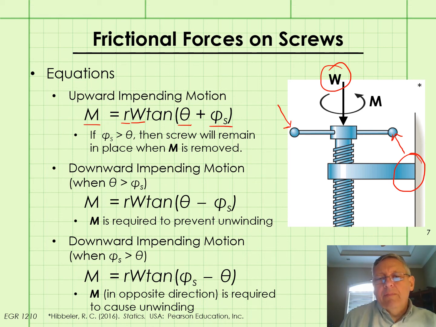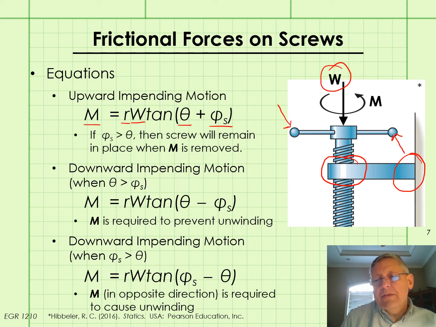And remember from the previous lecture that the angle of static friction is equal to the inverse tangent of the coefficient of static friction. And that static friction is occurring between the threads of the screw and the threads in the stationary collar here.